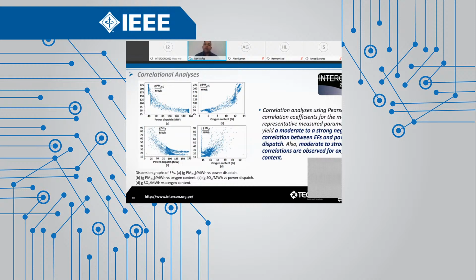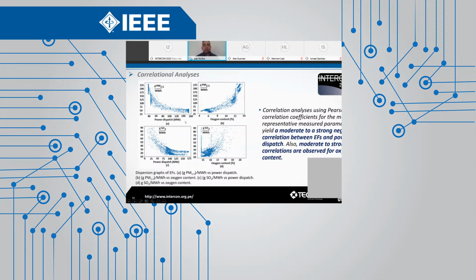We are only showing here some representative correlational analysis, because not for all the power plants we got this kind of correlation. So depending on the power plant, we found this correlation, but for others, this correlation just doesn't apply. We have a strong to moderate correlation of the emission factor with respect to the power dispatch.